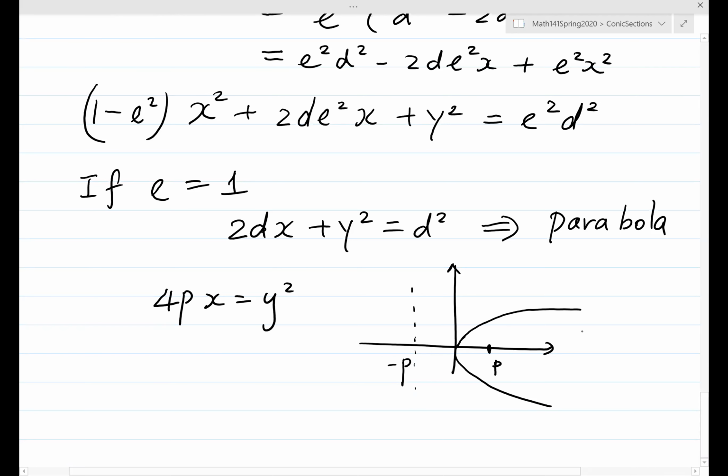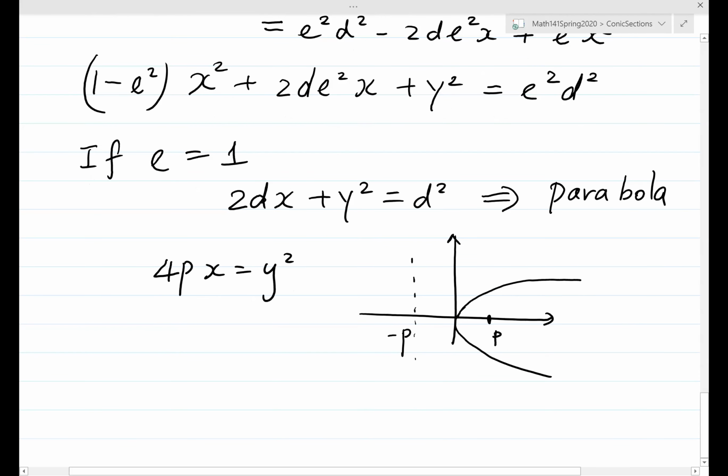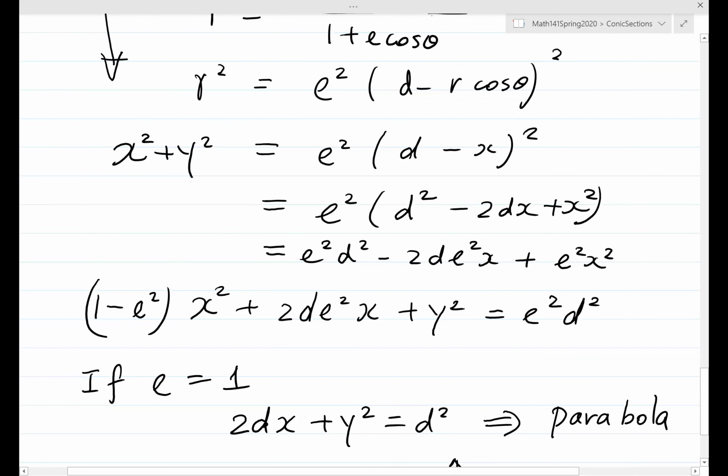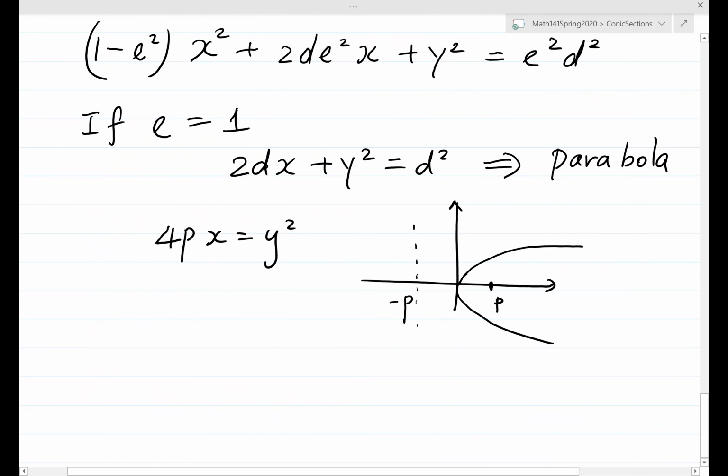Then here we need to do some translation. It's not difficult to actually find this. You see, the directrix is this d. Then we should translate the curve by p. So if you compare, 2d is 4p, so p is 1/2 of d.